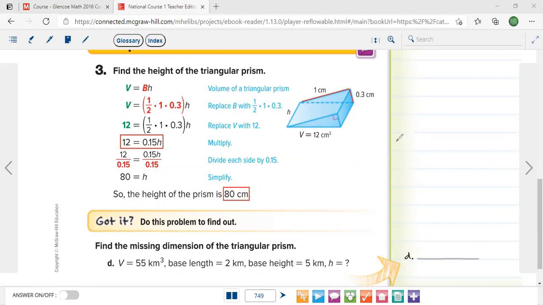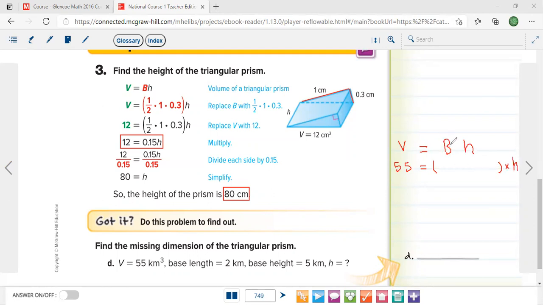So we are going to write the rule: volume equals base area multiplied by the height. The volume itself is 55, so we write here 55. The base, open a bracket. We always open a bracket for the base. Multiplied by the height, which is unknown, so we write it as h.